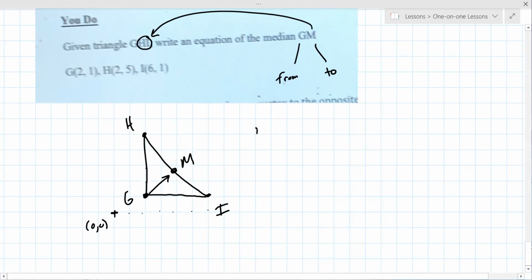Okay, so first thing I'd like to do is find the midpoint from H to I. It would be 4, 3. It is 4, 3, yes. Okay. So the next thing to do is to find the slope.